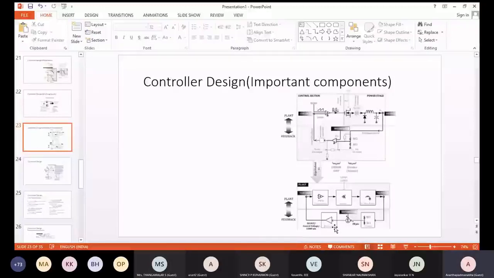Basically, there is an LC filter, then the actual power converter, then the op-amp with the compensator, and the voltage divider. You cannot directly bring the output voltage, which will be very high, to your signal level electronics, which will be low voltage electronics. So it has to be stepped down using sensors or a voltage divider network.